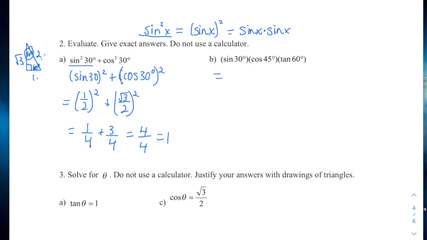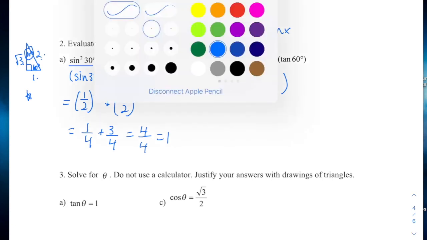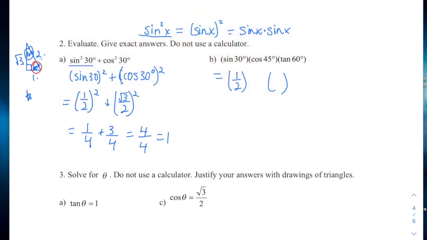For this one, I can still use this triangle over here. I know that sine 30 is 1 over 2. I know that tan 60, if I take this as my reference angle, is opposite over adjacent. And then let's have a quick look here at cos 45.